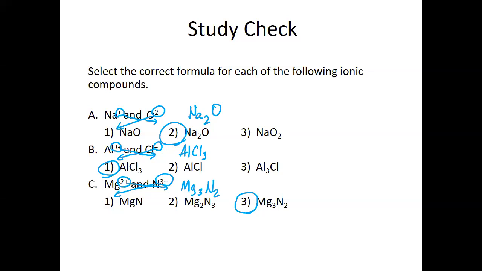Magnesium oxide is MgO. Aluminum nitride is AlN. Mg2+ and N2-? Correct. Yes.